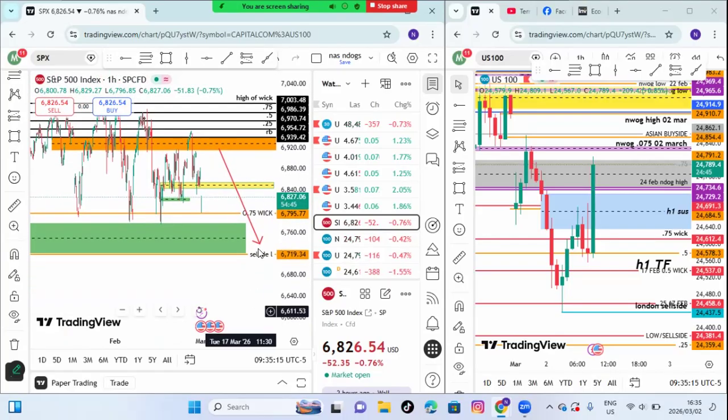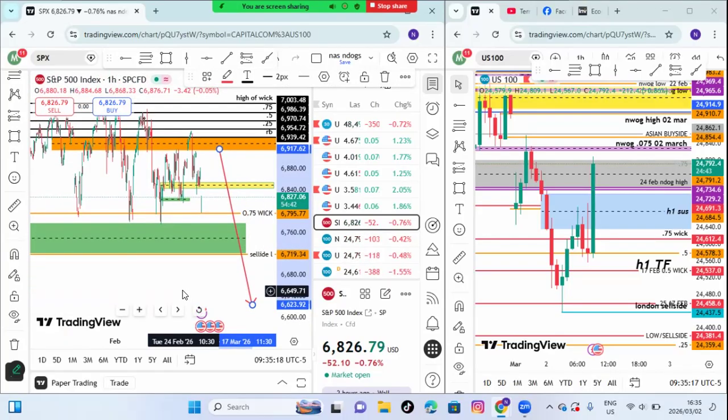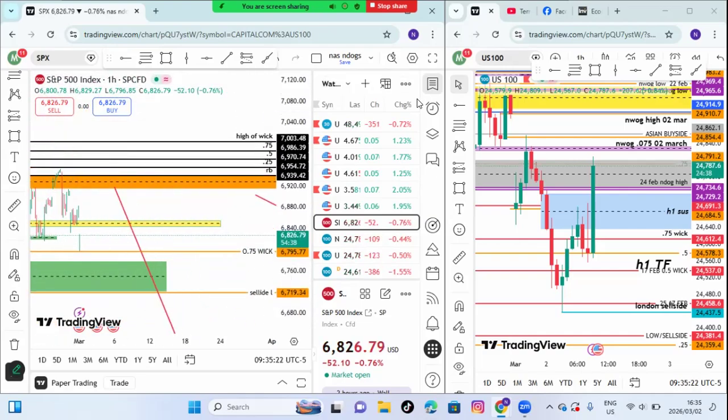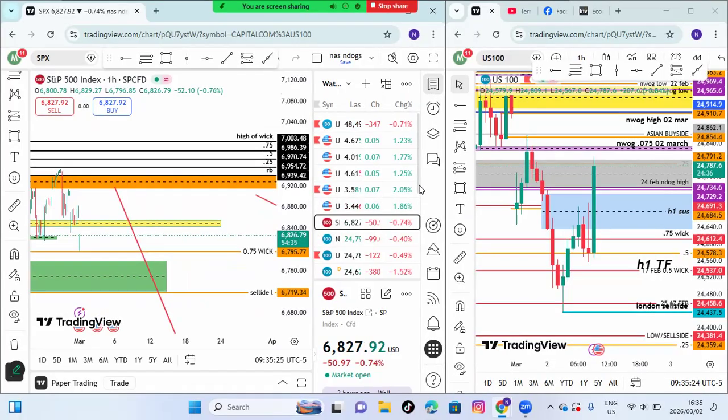Still bearish on the S&P to go lower, right? So check the US daily.